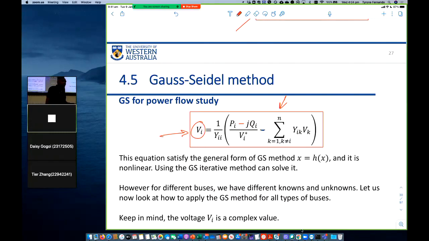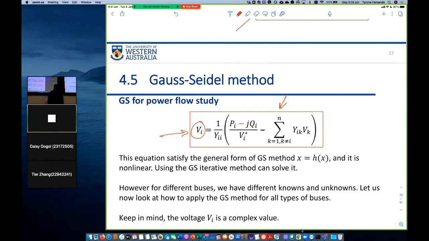So if you have an initial guess of the voltage at bus i and all the other nodes, because we want to solve for the voltages at every node, you know everything on the right hand side. I'm assuming that it's a load bus. If it's a load bus, you know Pi and Qi, the power that you inject into that bus.